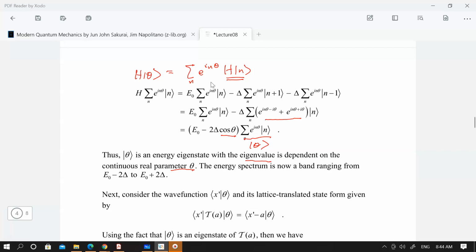So when theta is plus or minus pi, then you get essentially these eigenvalues. And then you can have any other eigenvalues corresponding to the other angles of theta. So there would be a band. Okay. I think I have the diagram below. So this is E naught minus 2 delta and E naught plus 2 delta, and then all possible eigenvalues in between. So that gives you the band.